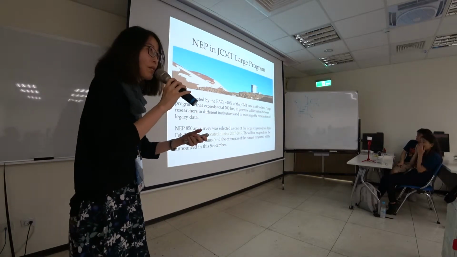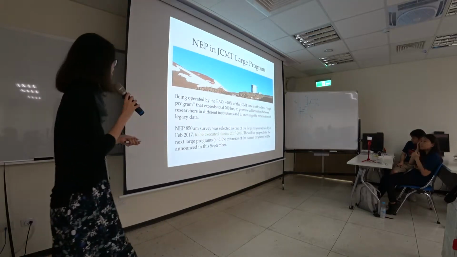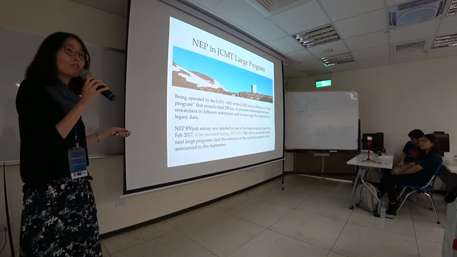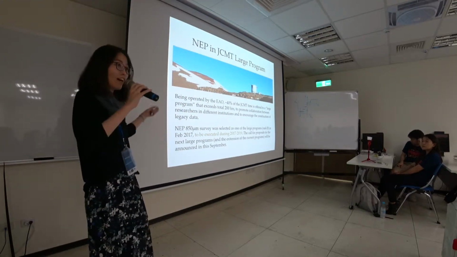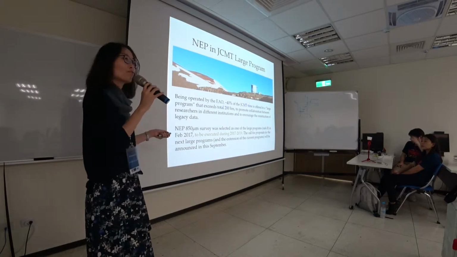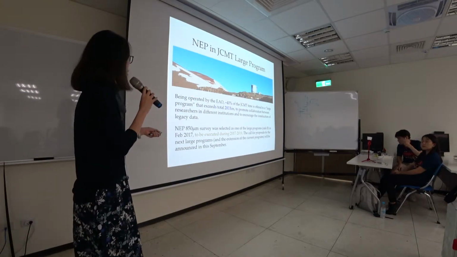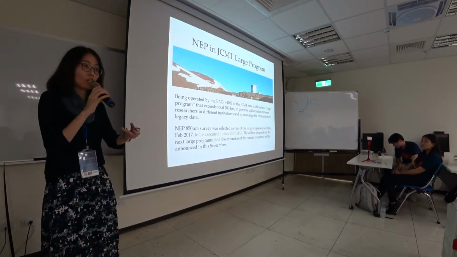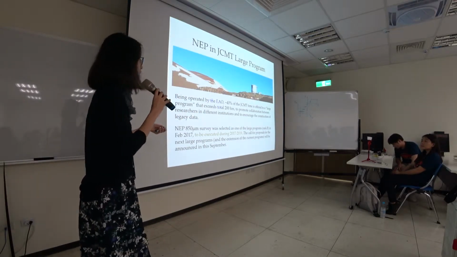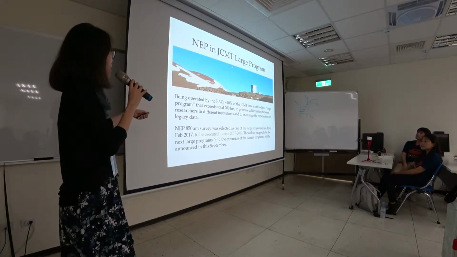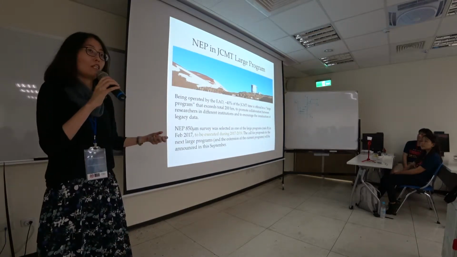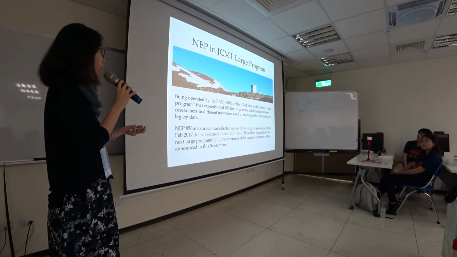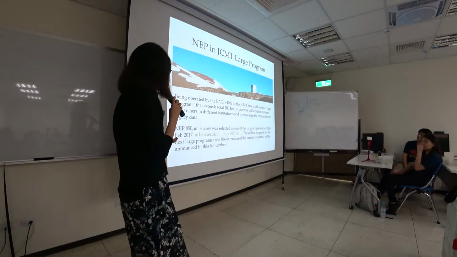A large program is defined as one that exceeds 200 hours of total exposure time. This is to promote collaboration between astronomers, especially in East Asia, and also the original JCMT founders, the UK people and the Canadian people.